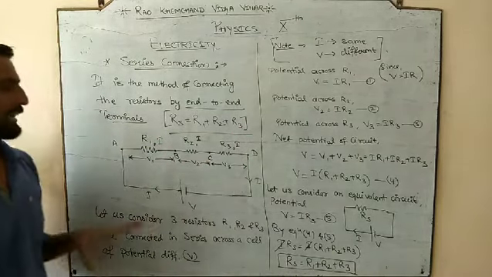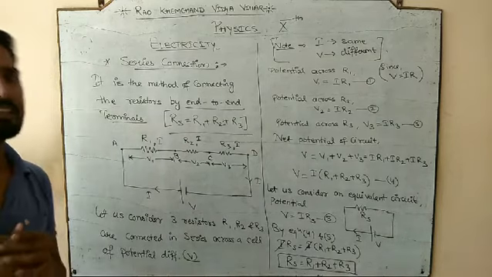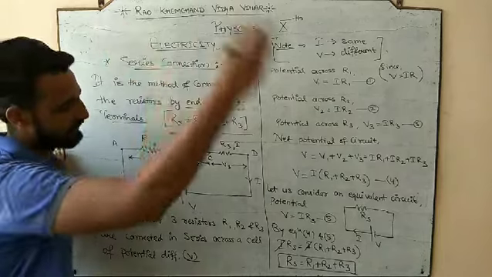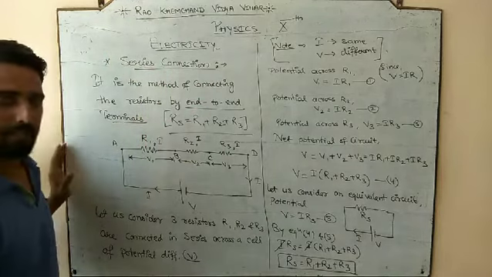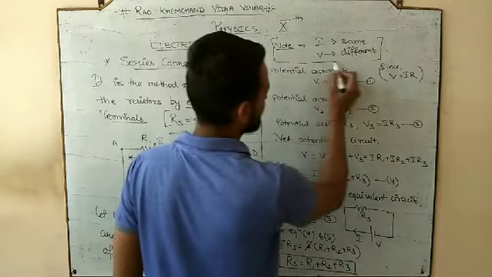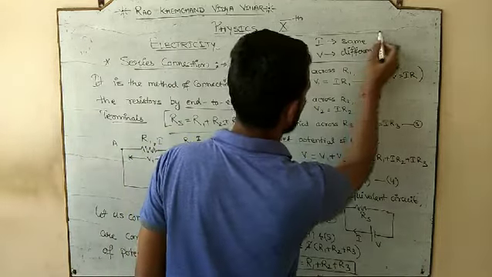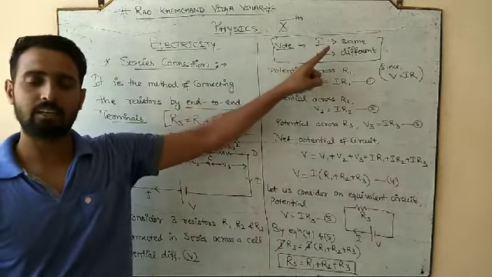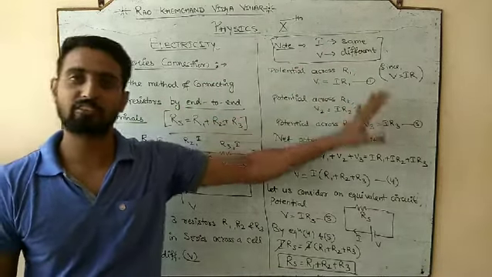And that connection is called series connection. End to end. The end of the first with the second, the end of the second with the third, and in this manner. But the important thing that we have to remember about the series connection is this one: in series connection, current remains the same and potential remains different.